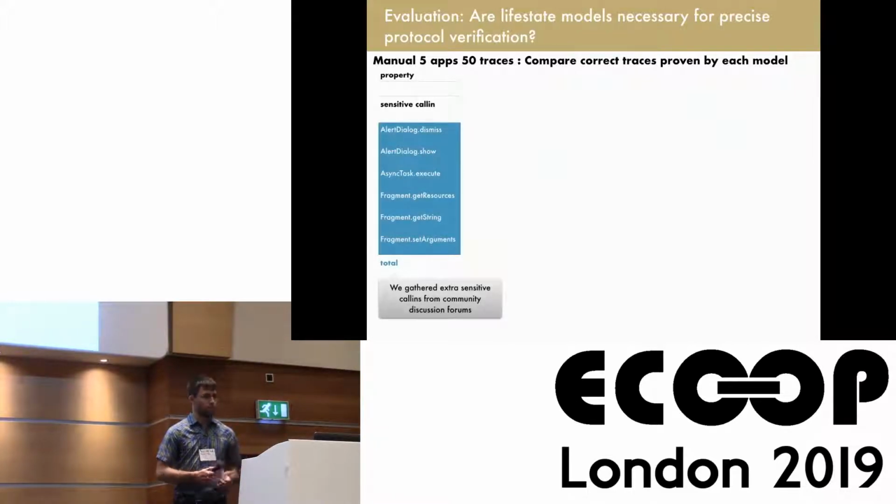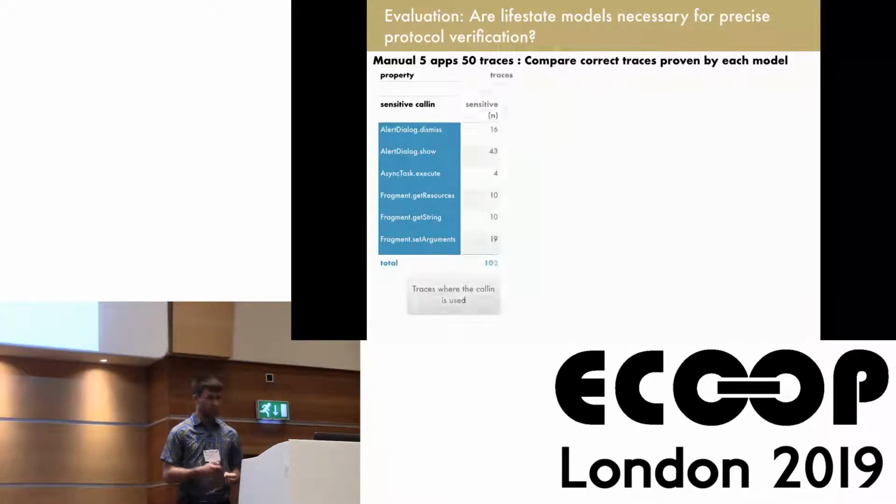So we're going to compare the number of correct traces proven by each model. We start by going through community discussions and finding methods that have the same sort of behavior like execute, where there's some state behind it that can cause a crash. We then filter all of the traces that we got for which ones actually use this method.